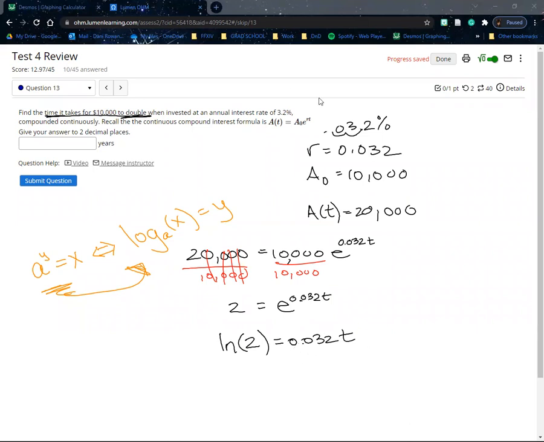What are we going to do to get that t by itself? Divide by 0.032. Right. And again, do not estimate until the very end. So you're going to take the natural log of 2 divided by 0.032 because this is your exact answer. Okay, this wants it to 2 decimal places.